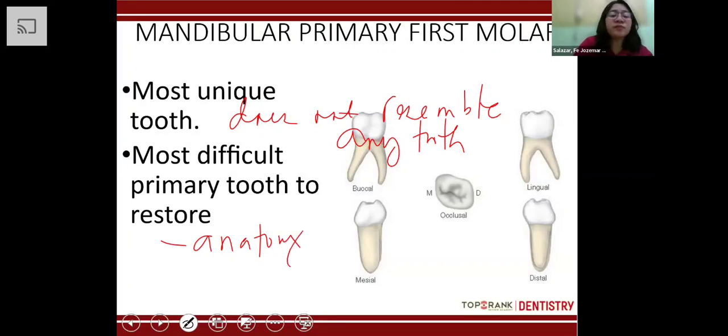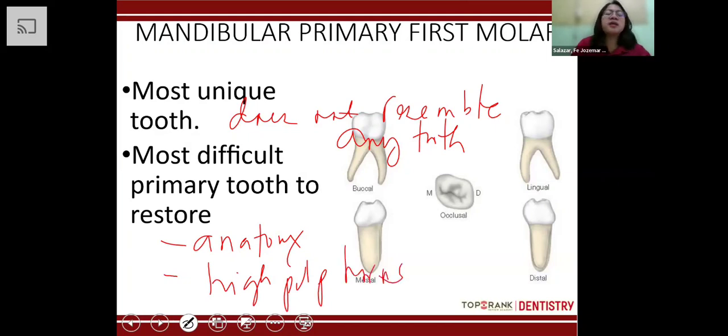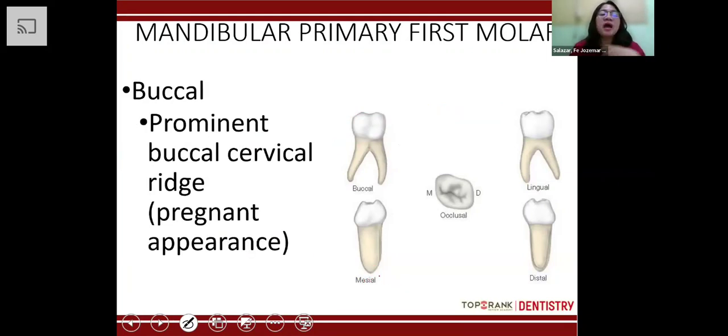Very primitive ang anatomy, and because of its high pulp horns. Remember, pulp chambers are very wide and they have high pulp horns in the primary teeth. From the buccal, you have a prominent buccal cervical ridge. Yan. So yung buccal niya, that gives it a pregnant appearance.